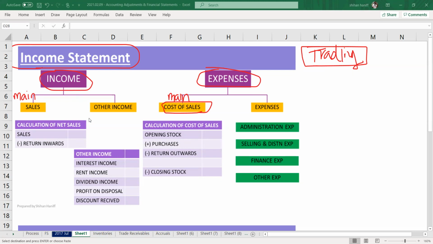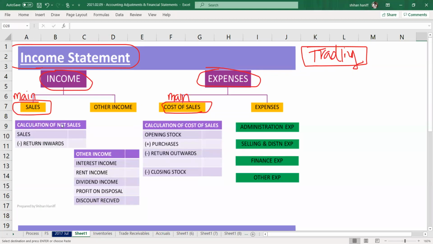I will share this presentation in the Google Classroom. You can download it. So just focus. The main income of a business is sales, and the main expense is cost of sales. Sales and cost of sales.